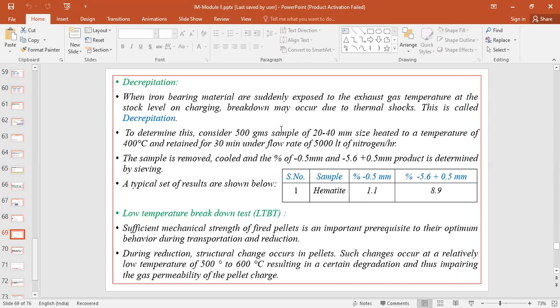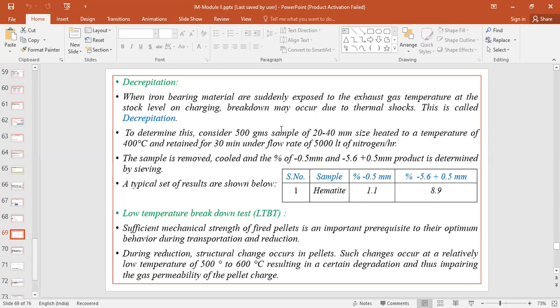The off gas temperature of the blast furnace will be approximately 150 to 200 degrees centigrade. So once the raw materials, especially pellets, are exposed to high temperatures from room temperature, there is a possibility that cracks may form because of thermal shocks.